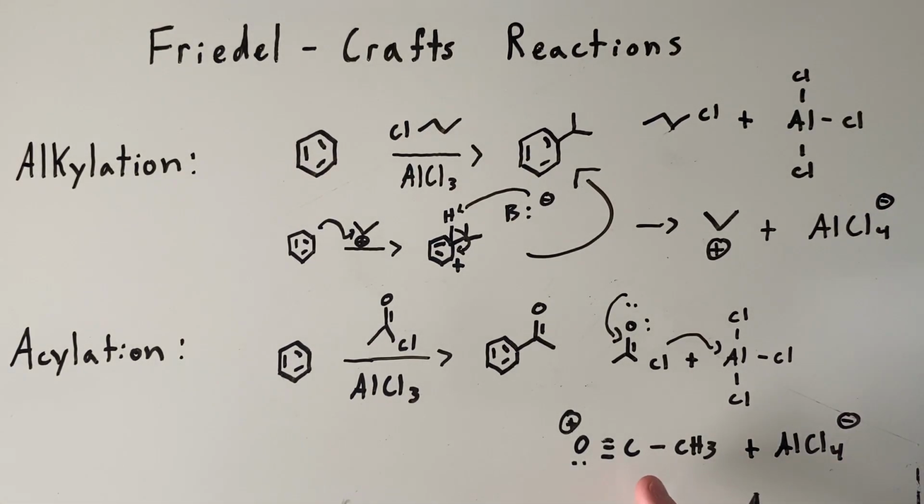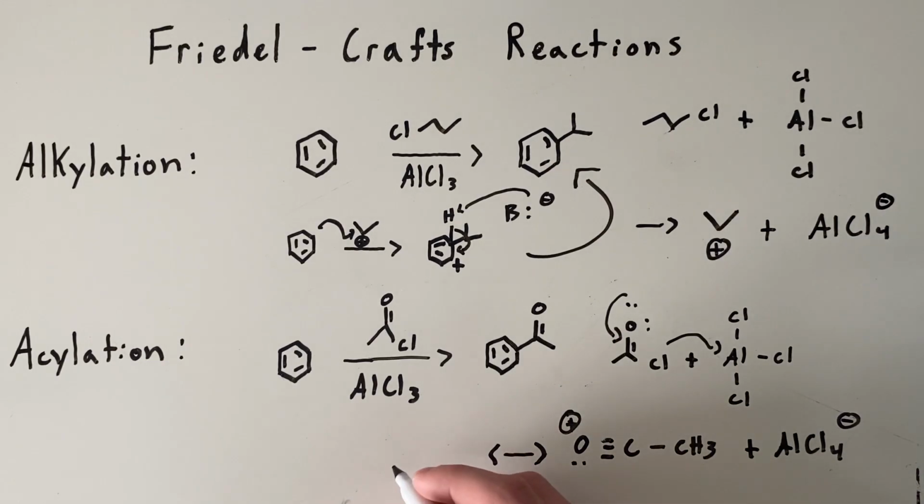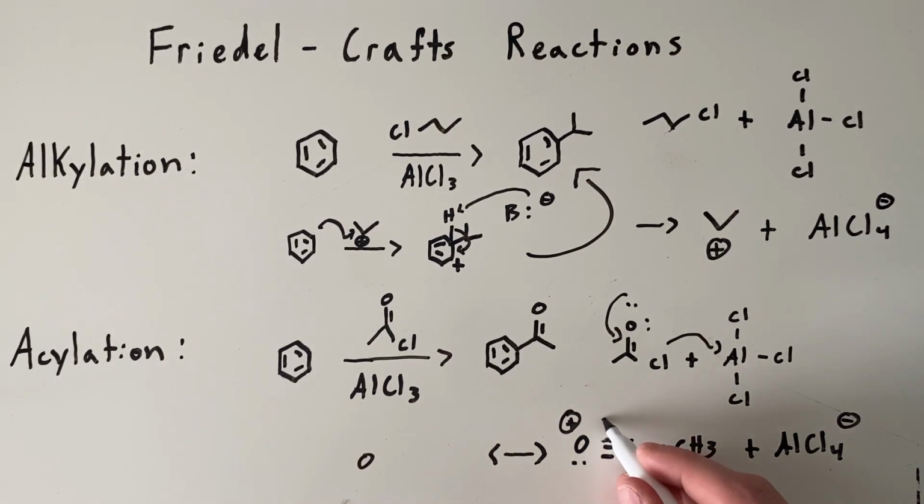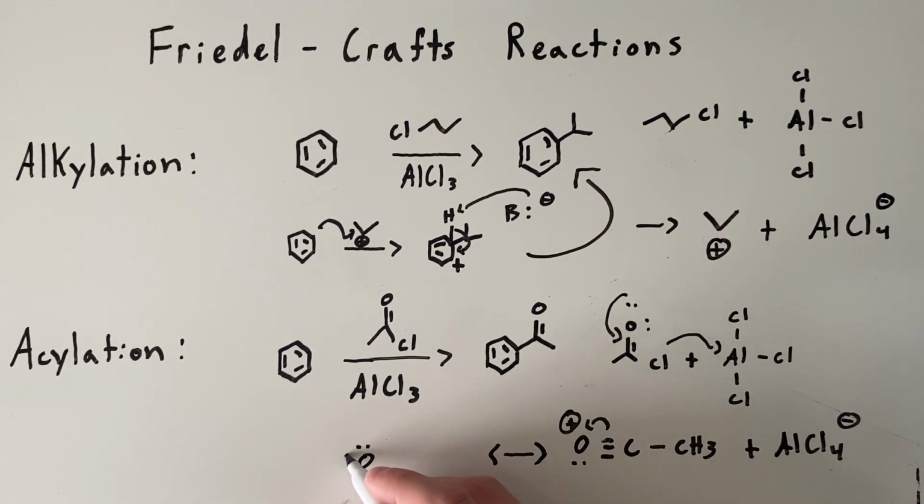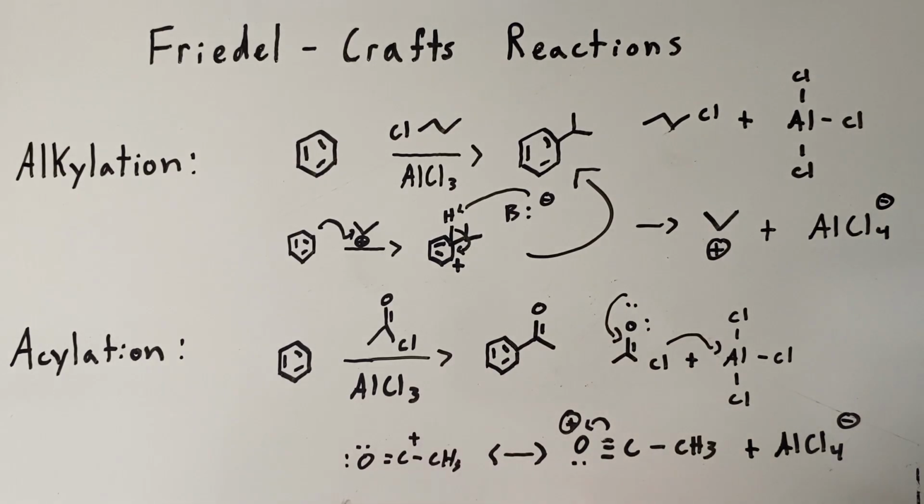So with our acylium ion, we also have a resonance structure where the carbon doesn't have the octet, and these pi electrons go back to the oxygen. We're going to have a double bond to the carbon bound to that methyl group, and thus a positive charge on the carbon. If there's a positive charge on a carbon, that means that it's an extremely strong electrophile.